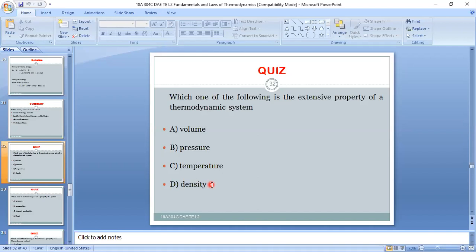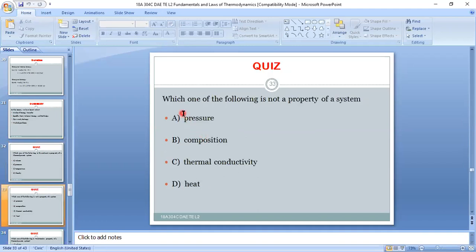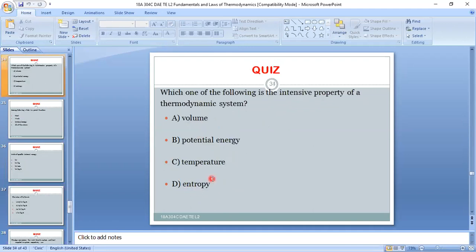So volume will be the right answer. And which one of the following is not a property of the system? Pressure is a property, thermal conductivity is a property, composition is a property, and heat is not a property. So this question itself is wrong.